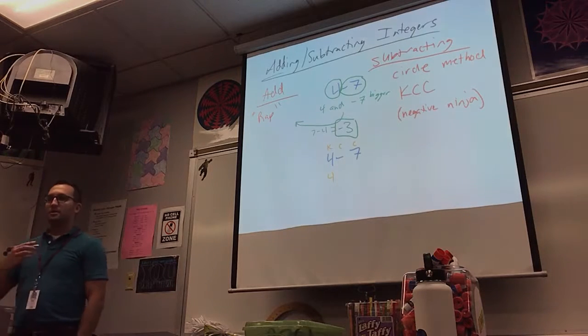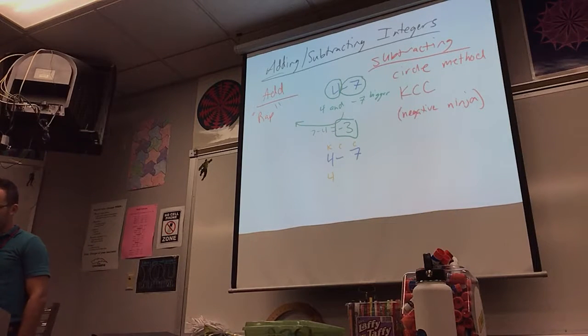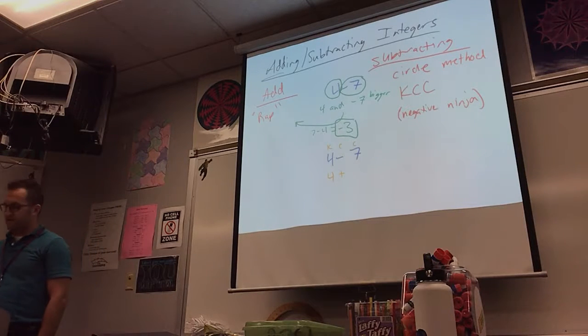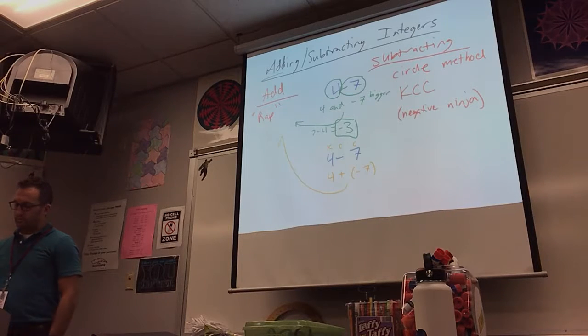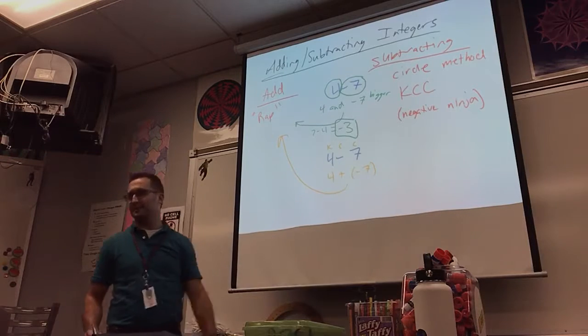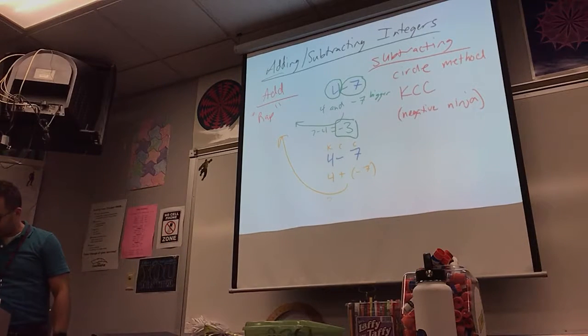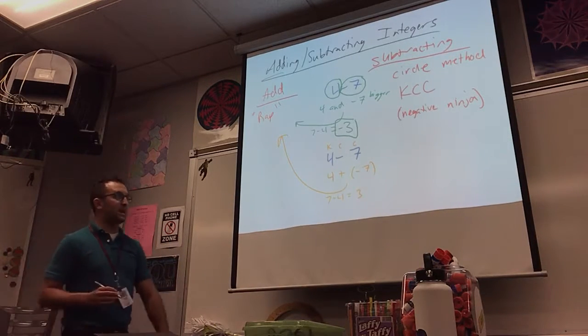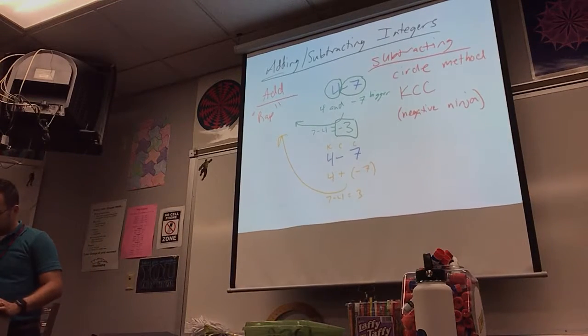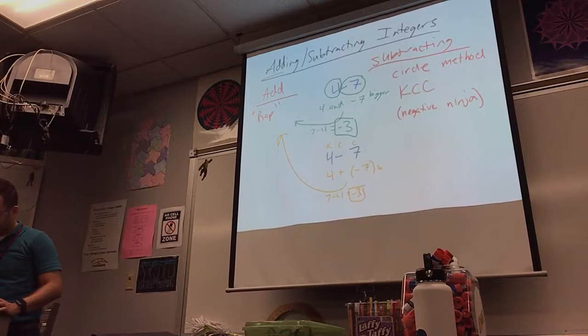Now change: the subtraction symbol becomes an addition symbol, and the 7 becomes a negative 7. And now we wrap. Different sign, subtract. So we get 7 minus 4, which is 3. Keep the sign of the bigger one, so it's negative.